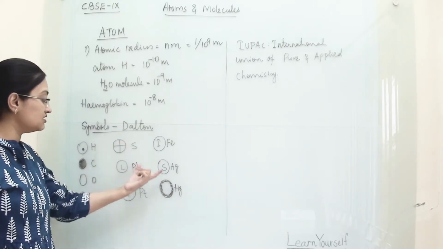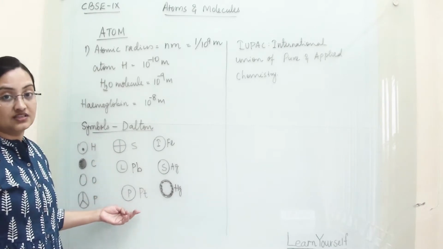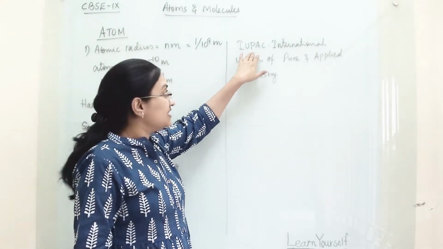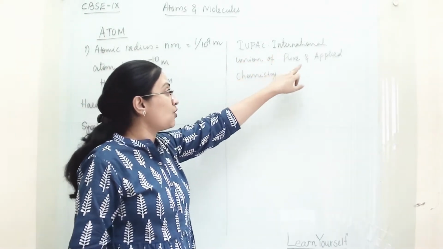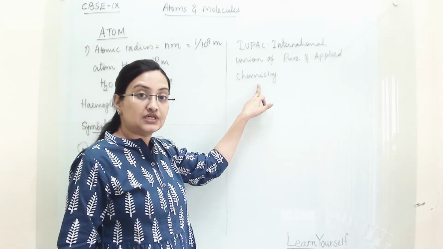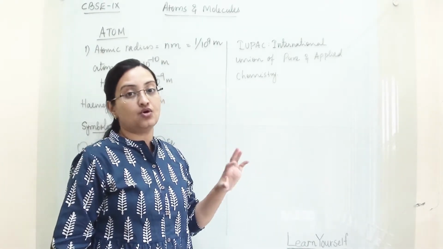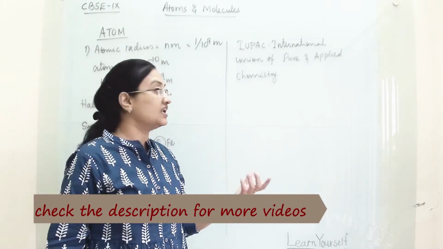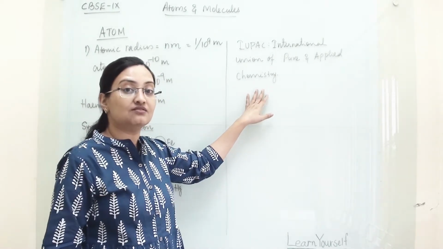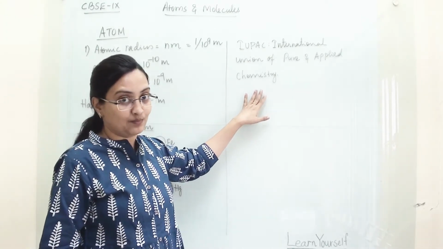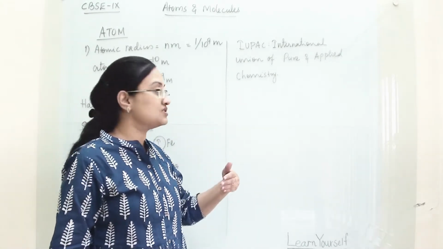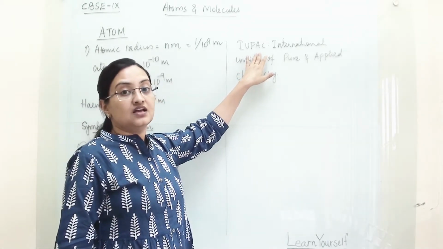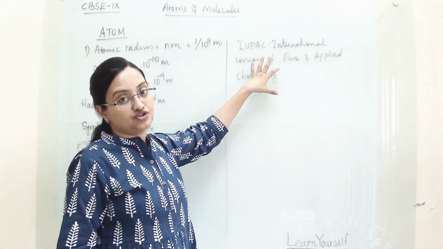So he proposed these symbols for these known elements. Nowadays IUPAC, the International Union of Pure and Applied Chemistry, gives the names of atoms. Scientists discover an atom, they propose a name to this union and the union accepts it. Earlier scientists were proposing, and now this union is accepting and confirming the name of any particular atom.